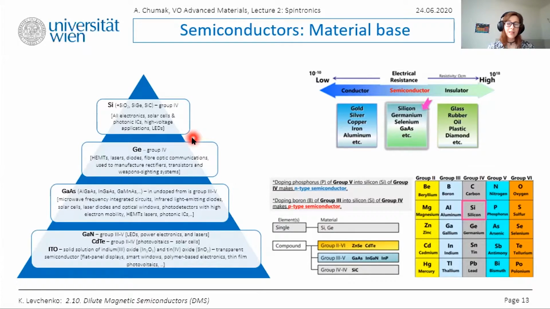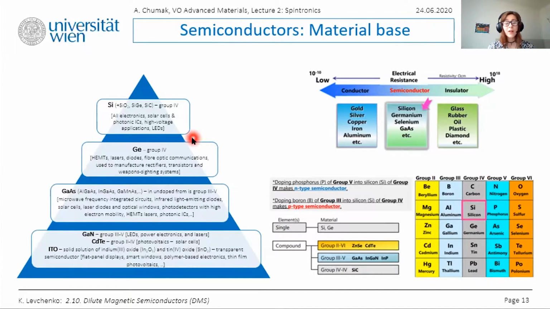Although gallium arsenide and other 3,5 semiconductors could be a solution for the shortcomings of silicon-based electronics, silicon is still on top of its game. This group 4 semiconductor is used in all the electronics, in solar cell applications, light emitting diodes, and high voltage devices.